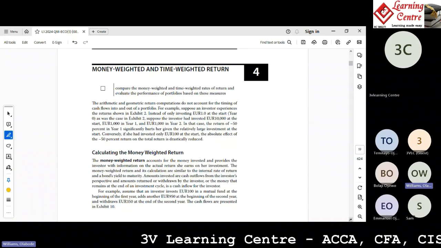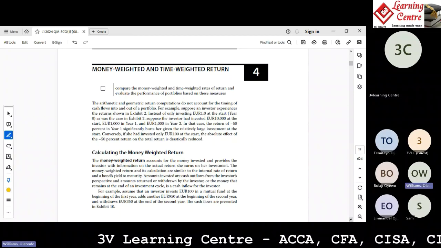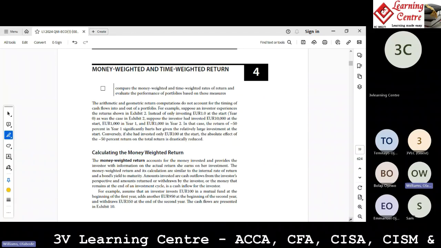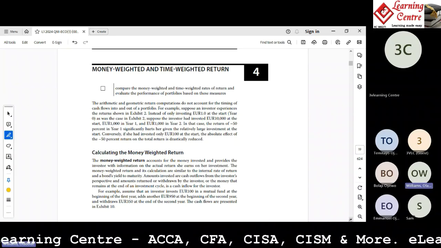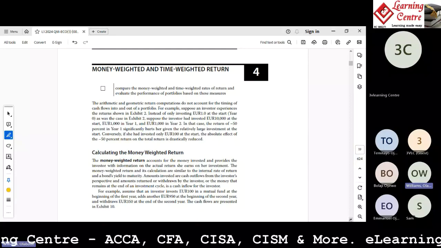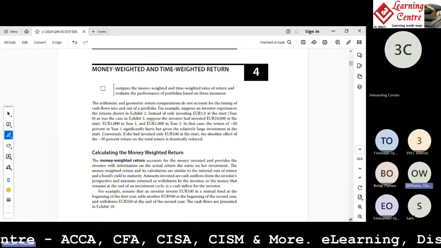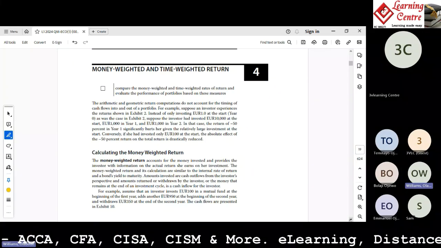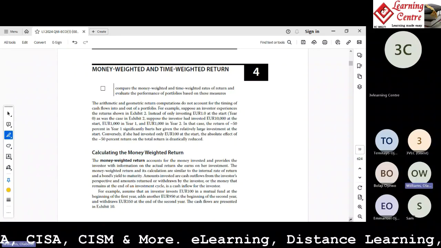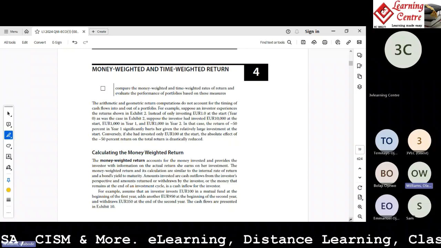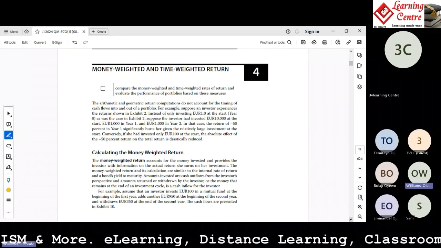Now, NPV being your net present value. And how do you calculate NPV? You discount your positive cash flows, you discount your negative cash flows, and you add them together. That's why it's called net. You add them together.